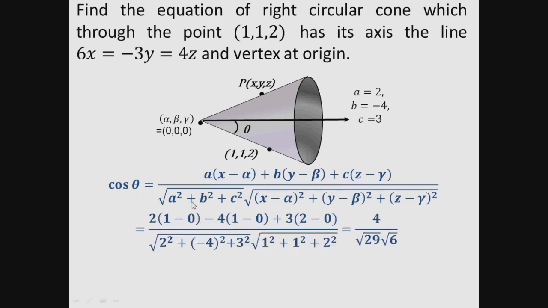So that gives us 2 into (1 minus 0) minus 4 into (1 minus 0) plus 3 into (2 minus 0) divided by square root of 2 square plus (minus 4) square plus 3 square into square root of 1 square plus 1 square plus 2 square, equal to 4 by square root of 29 into root 6. And now take any general point xyz and use the same formula again.